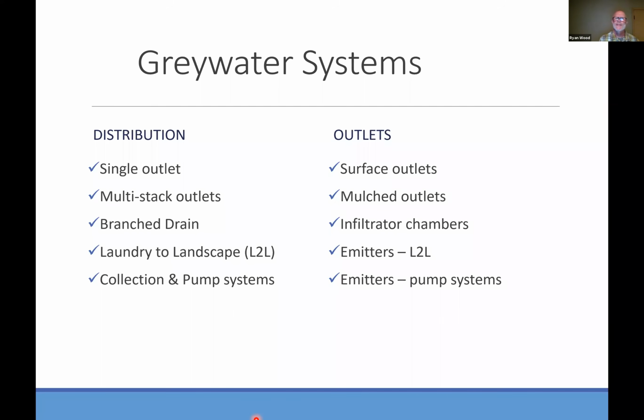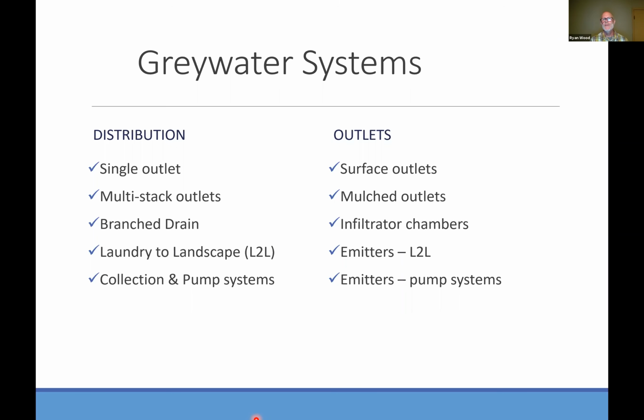So on gray water systems, there's ways of distribution and then different outlets. Okay, and we're going to cover them. So, for example, single outlets, multi-stack outlets, branch drains, laundry landscape, and those collection of pump systems. Those are all distribution. Now an outlet, and so surface outlets, mulched outlets, infiltration chambers, emitters, L2L, and emitters pump systems.